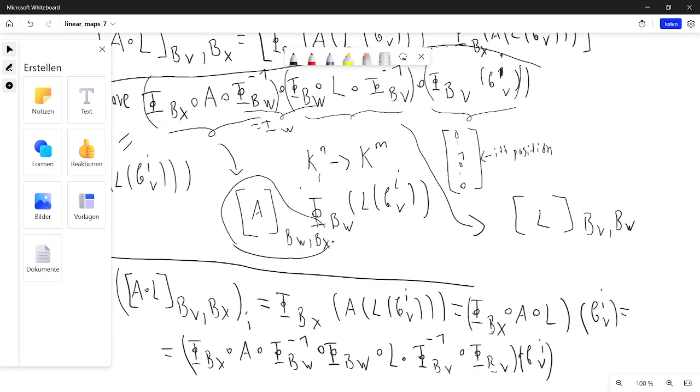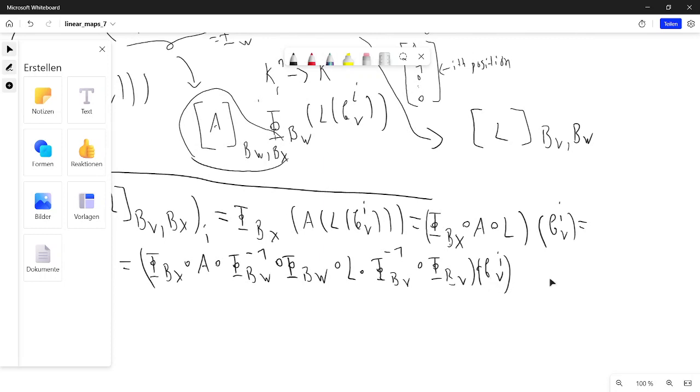So contemplate why this map is exactly the same as this map. I have told you why, but think about why inserting identities actually doesn't do anything. If you have trouble with that, ideally take an element and think about what happens in between here. Just take this map A, composition L, and follow through for an arbitrary element, and you see that it works indeed.